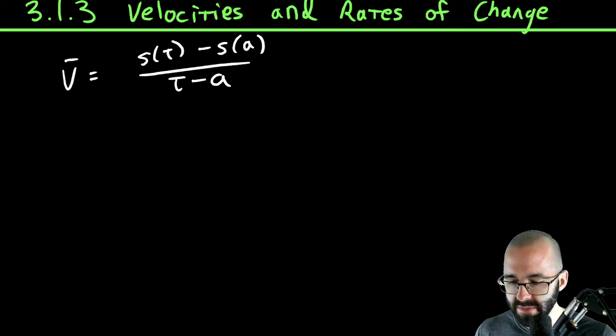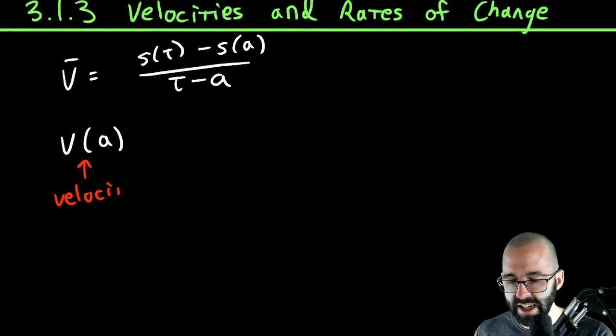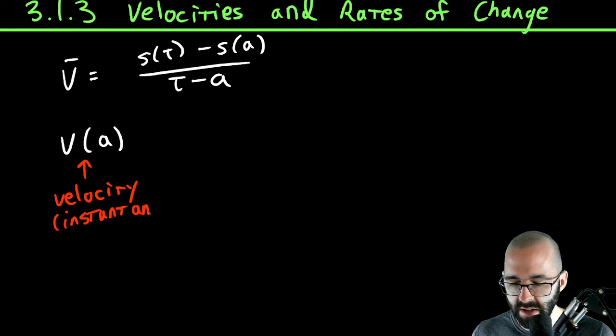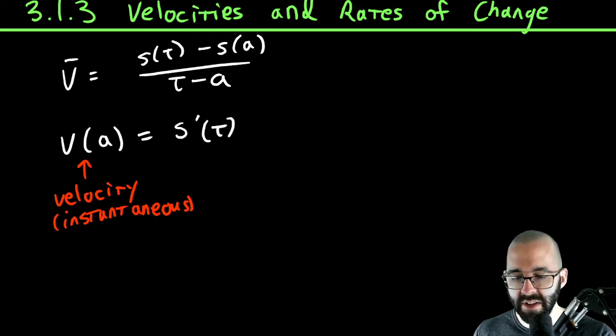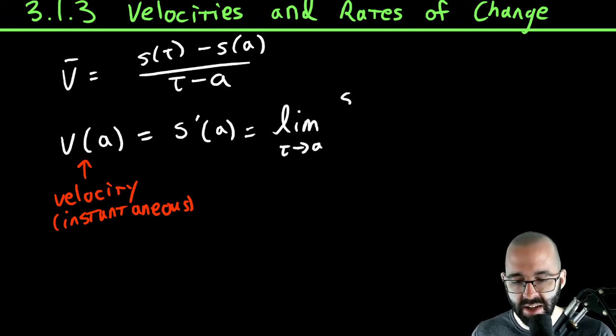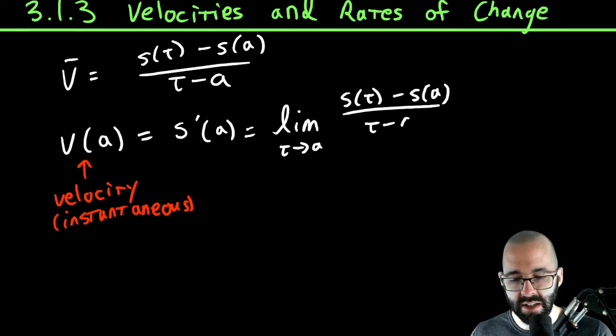Okay? So we're going to say that the velocity, and specifically the instantaneous velocity, at some time A is the derivative of the position function at A, which is the limit as t approaches A of this difference quotient, of this average velocity.